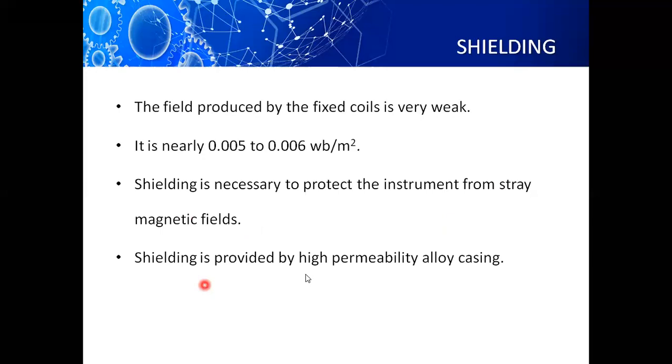So shielding is provided by a high permeability alloy casing. We have seen different errors in MC meters, permanent magnet MC meters and moving coil iron meters. We have provided shielding. So for the casing, there will be a high permeability alloy lining so that the magnetic fields from the external side will not enter into the meter.